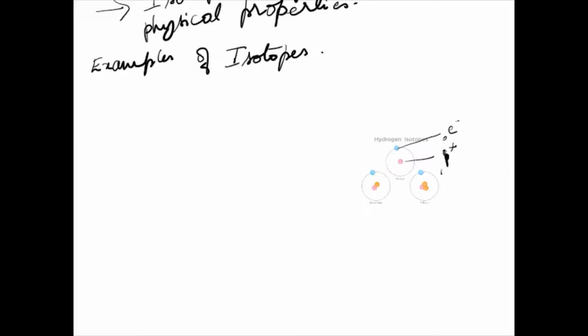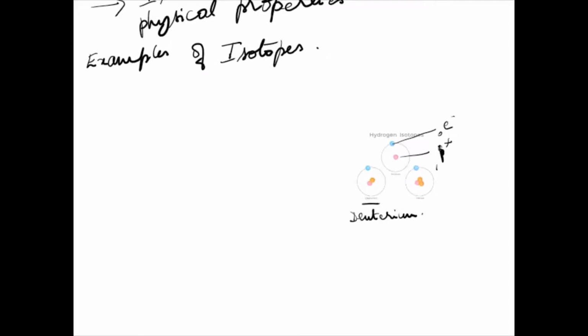This is called deuterium. The name of this isotope of hydrogen is known as deuterium. Can you see? Deuterium. Let me make it a little bigger.